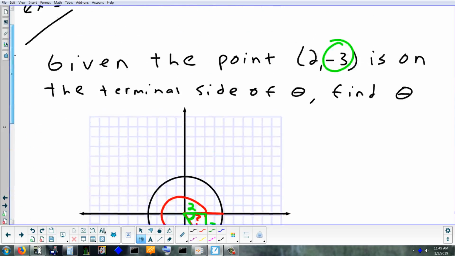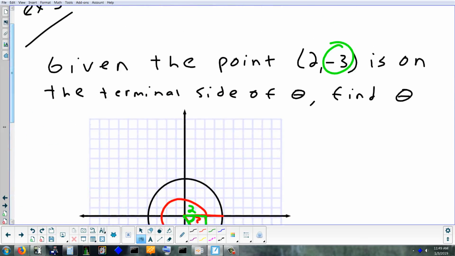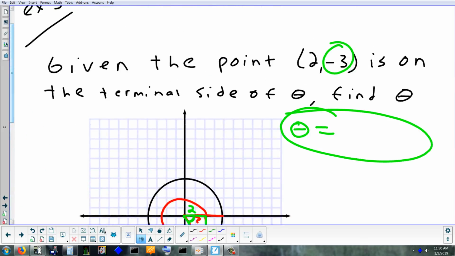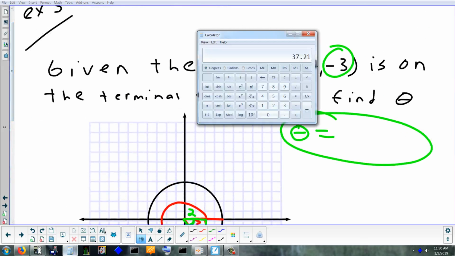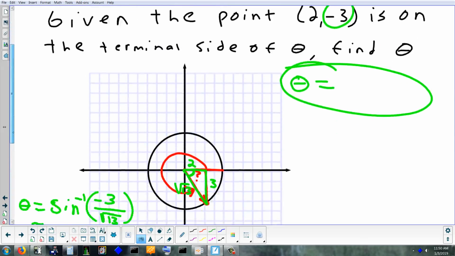So find theta. In this case, theta equals, and now I'll just subtract it. 56.31 subtracted from 360. So that big angle in red is 303.69.